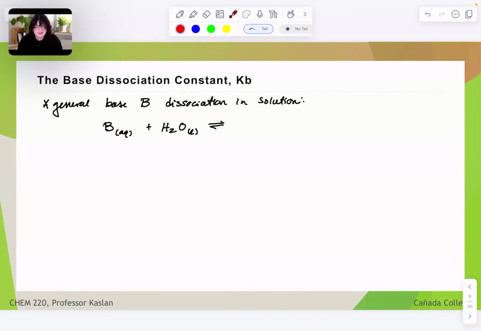And the substance that can donate a proton is the water. So the water here is going to act as an acid, donating or protonating our base B. And once that water has lost one of its H pluses, it leaves behind the basic particle hydroxide. This is our weak base dissociation.